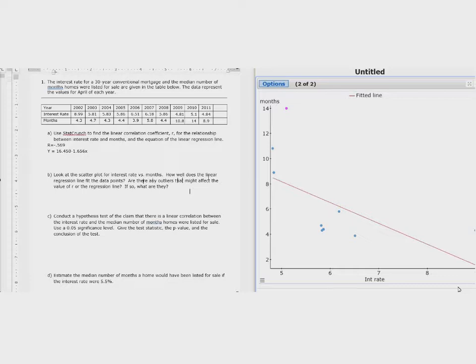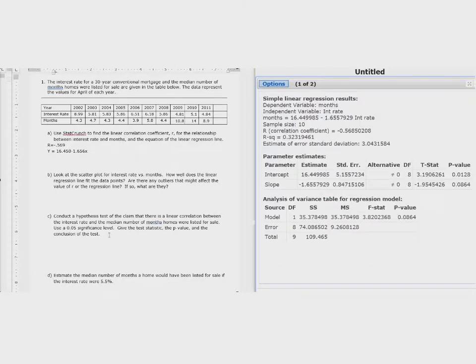Now the other thing that we can do, going on to part C down here, is a hypothesis test. If we're trying to confirm that there really is a linear relationship between the variables, then what we would look at is the test statistic and the p-value. So we're going back to this row of our table that has slope. Our test statistic is under where it says t-stat.